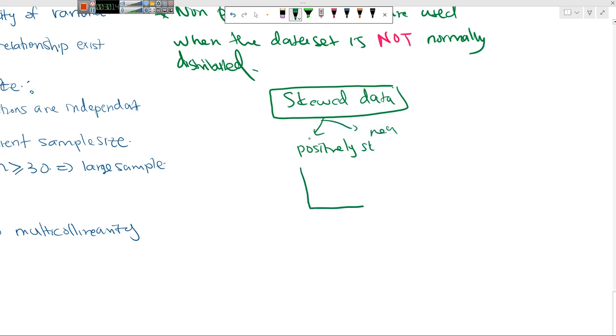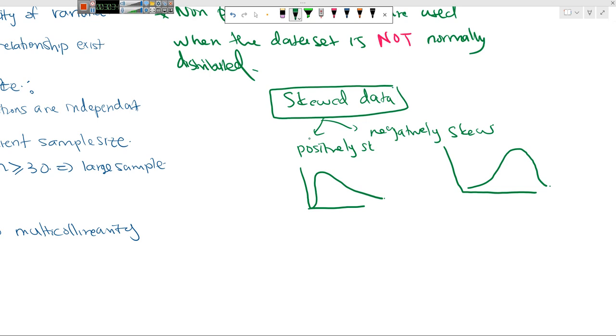Positively skewed means it will be something like this, and negatively skewed means it will be something like this, the slope is in the negative portion. Now the skewness may occur due to several other reasons also. If you have kurtosis, skewness may occur due to kurtosis also, right?